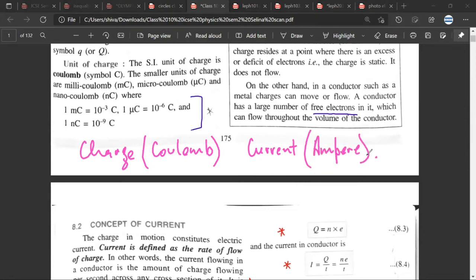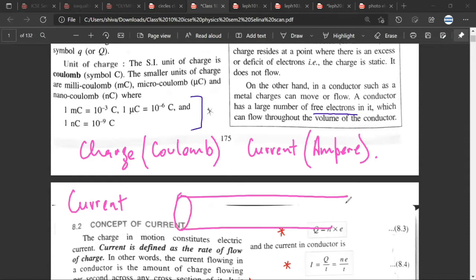Mr. Satya, any doubt? No, sir. Now, the definition of current: if I have a conductor like this, let us assume that this is a copper wire, and this is a cross section. Satya, have you understood? Yes, sir.